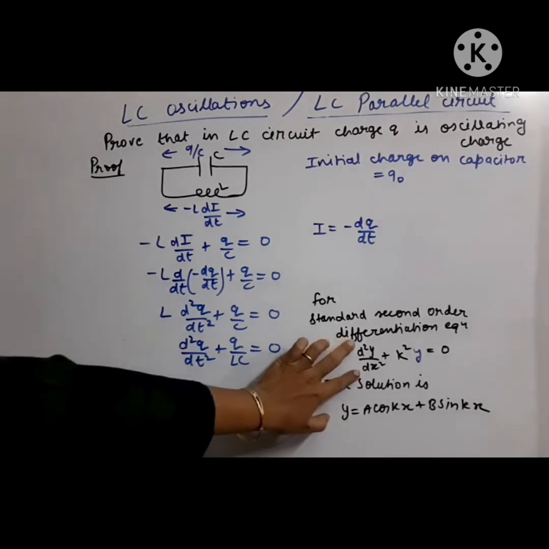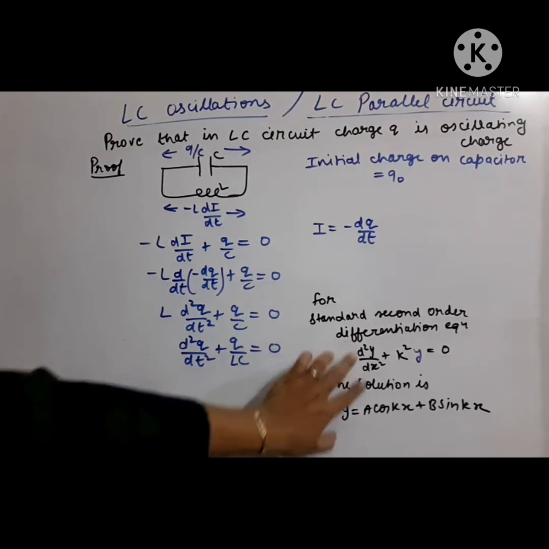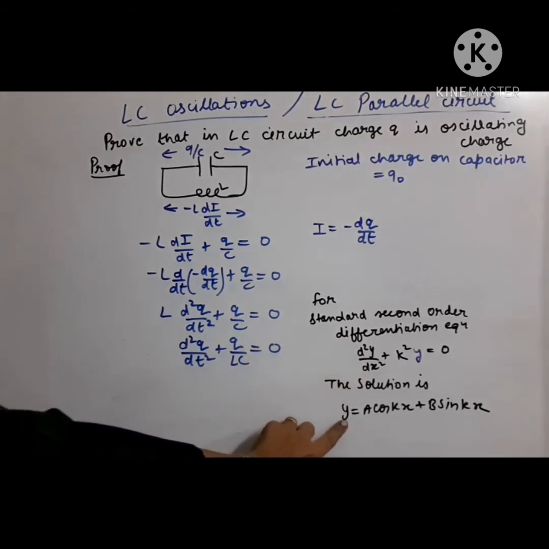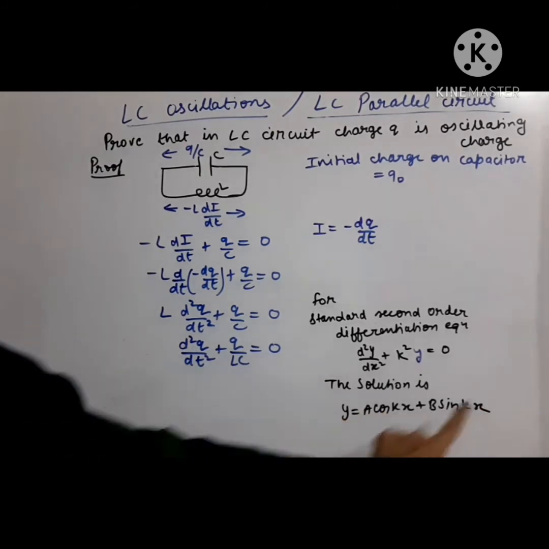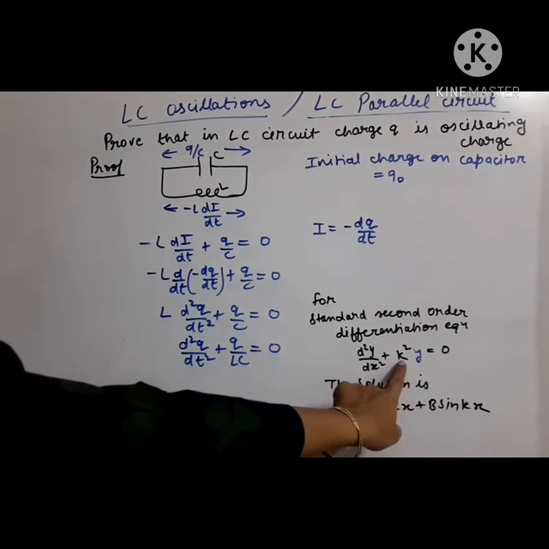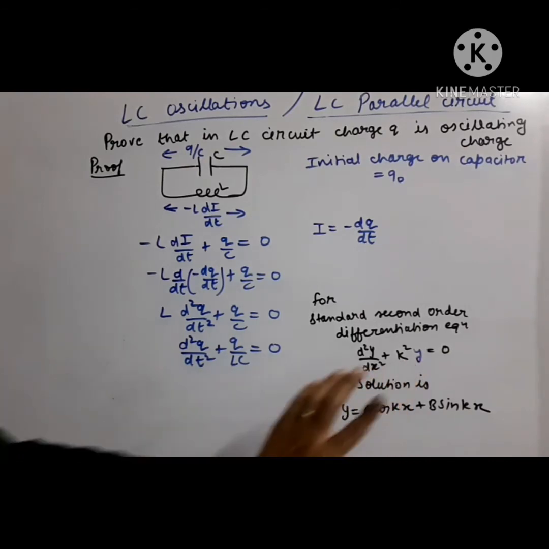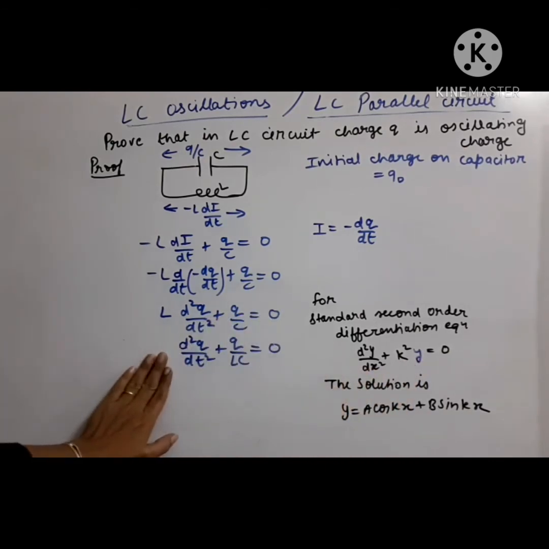So if this type of second order equation is there in maths, its solution is that y depends on x in this manner: A cos kx plus b sin kx. What is k? K is the term which comes along with y. Now let us compare it with our equation which we obtained for the LC circuit.